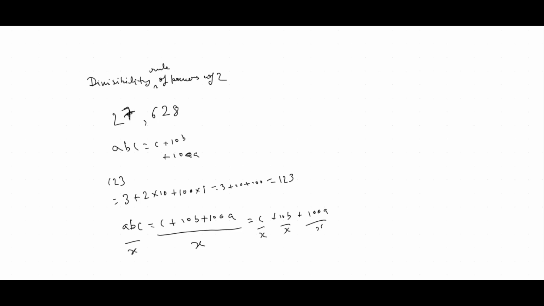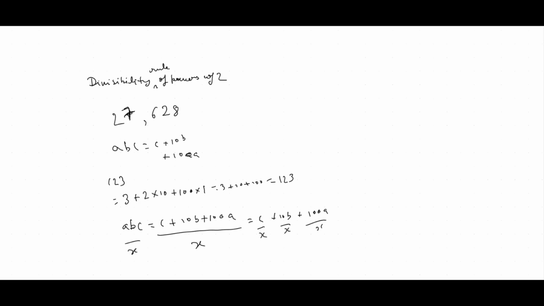That C must be divisible by X, 10B must be divisible by X, and 100A must be divisible by X for the whole number to be divisible by X. Isn't it true? Because if any of these three terms is not divisible by X, then for some term the answer will be in decimal. Because if C is not divisible by X, you will get some decimal value, then you won't get an integer value. So every term should be divisible by X. Okay, I think everything's going easy up till now.